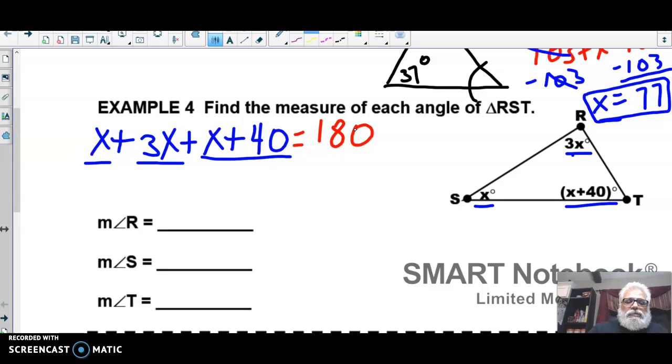Combine my like terms. So I got x, 3x, and x. So that's 1 plus 3, which is 4, plus 1 more is 5. So I got 5x plus the 40 equals 180. Subtract my 40.